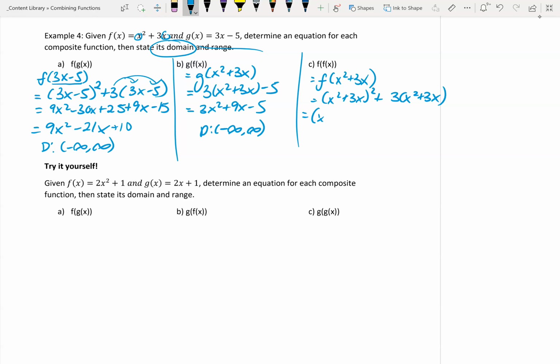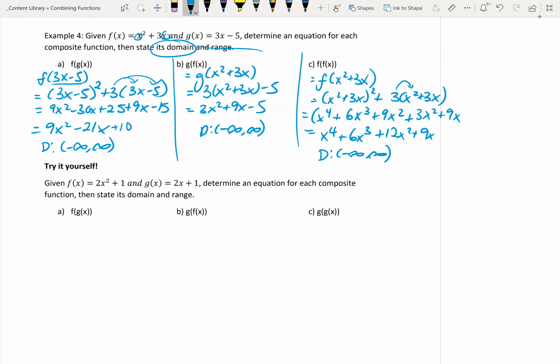So this will be x to the power of 4 plus 6x cubed plus 9x squared, and then 3x squared plus 9x. So our final answer then would be x to the power of 4 plus 6x cubed plus 12x squared plus 9x. This is a polynomial, so our domain could be anything in the reals.